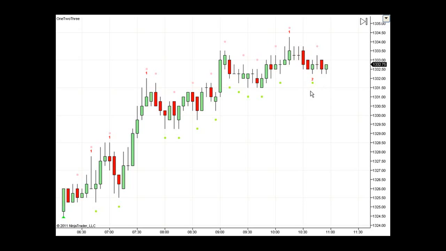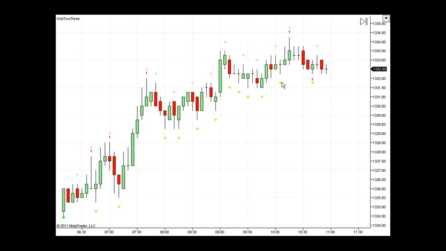If you wanted to be a little bit more aggressive on your trade, you could certainly sell the number 2 point before the number 3 point is confirmed, but that does take a little bit more risk and put that into the trading equation. You'll notice that I have my swing high and swing low indicator turned on, and all this does is highlight which bars have made a swing high and which bars have made a swing low.